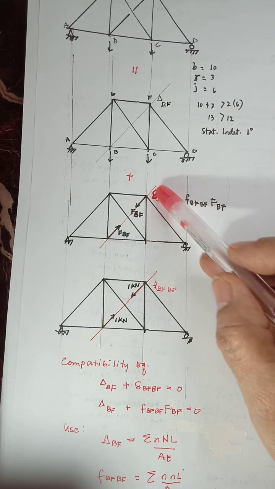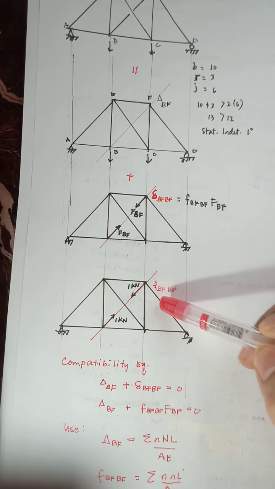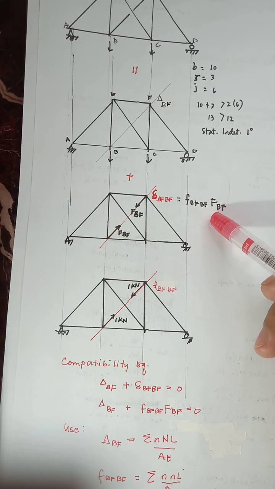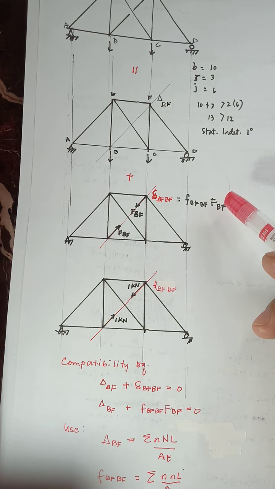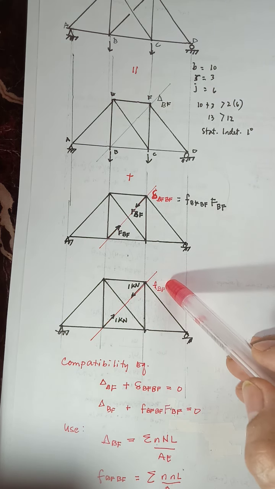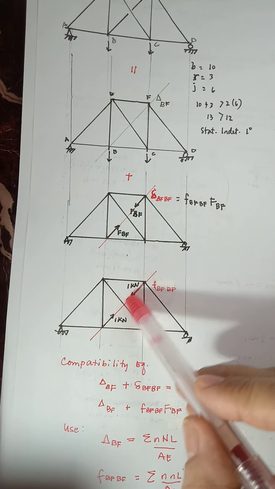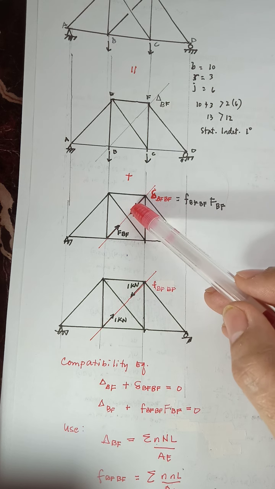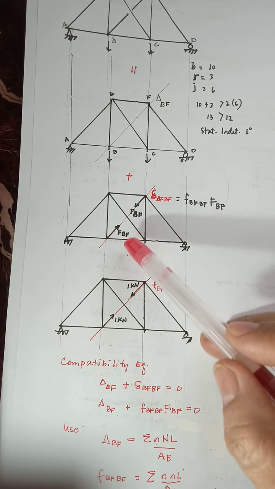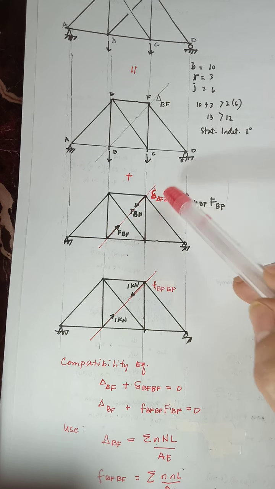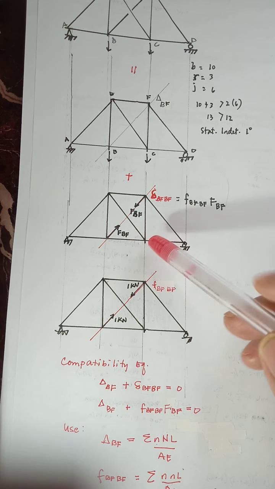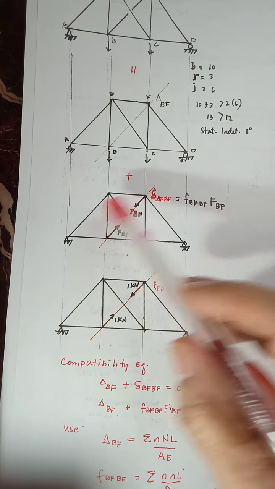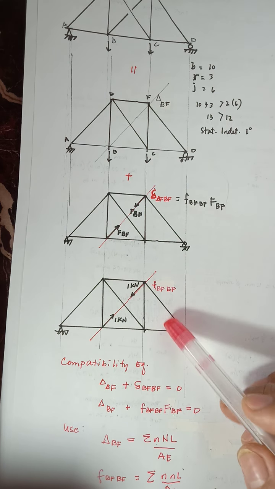Therefore, this delta BF BF is f BF BF times the bar force F BF. If you put 10 kilonewtons as the bar force, your displacement will be 10 times the displacement due to a pair of unit load. They have the same configuration.